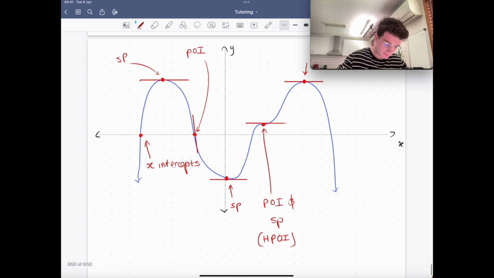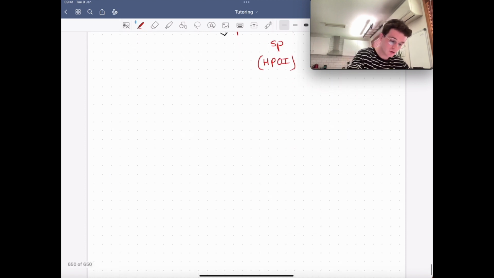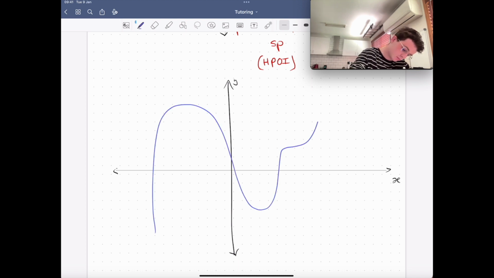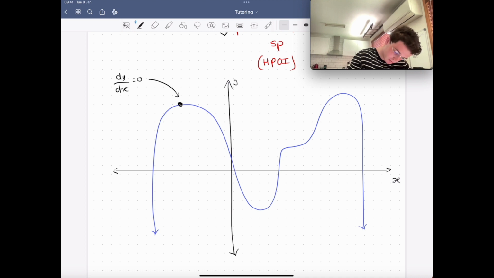So, in summary, if I were to draw another Cartesian plane, at this point here, dy/dx equals 0. At this point here, dy/dx equals 0.